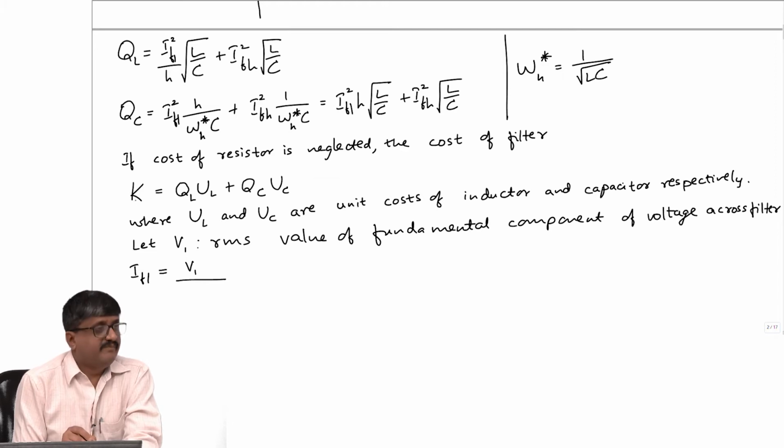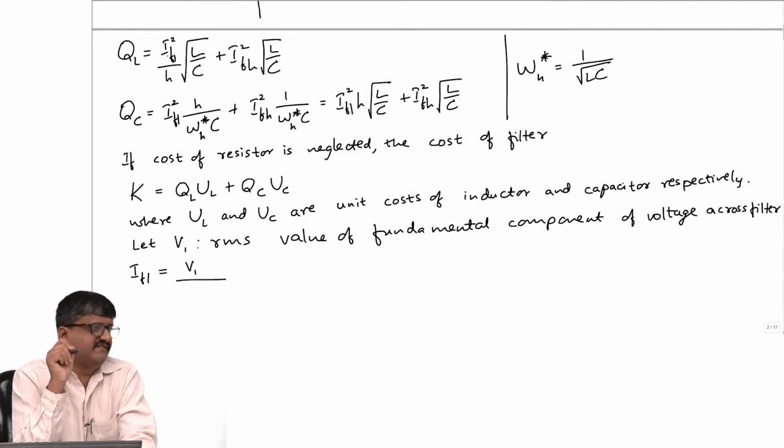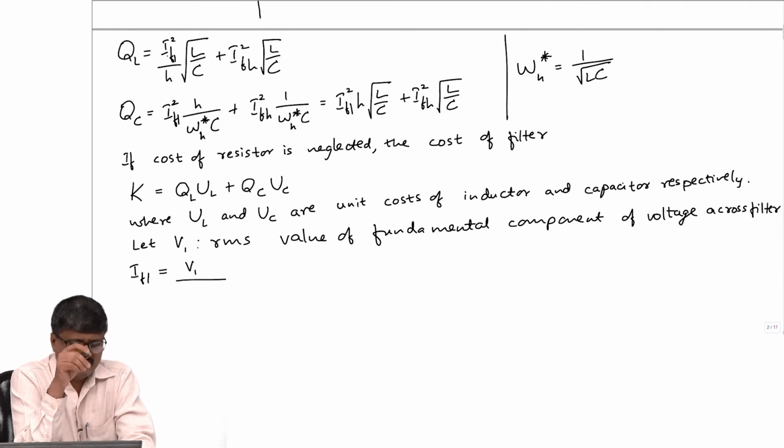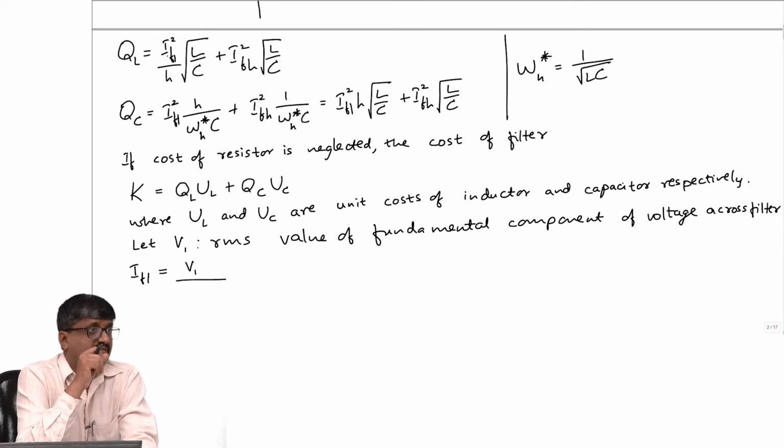We will try to minimize K. So I will write K in terms of L and C. K is dependent on QL, QL is dependent on IF1. So IF1 should be written in terms of L and C. What should be the expression in terms of L and C?